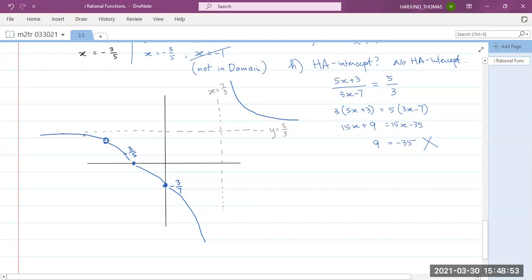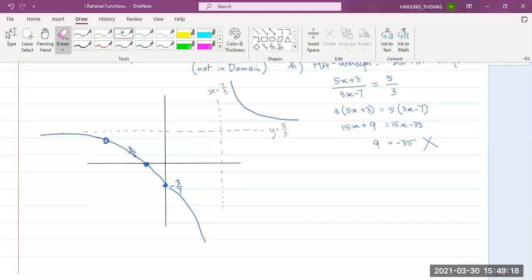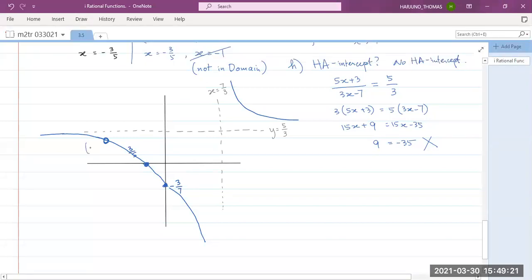It's supposed to be smooth here, so let me try to make it smoother. Oh, I need to put the coordinates for that hole, (-1, 0.2). Like that. So the graph looks like this.